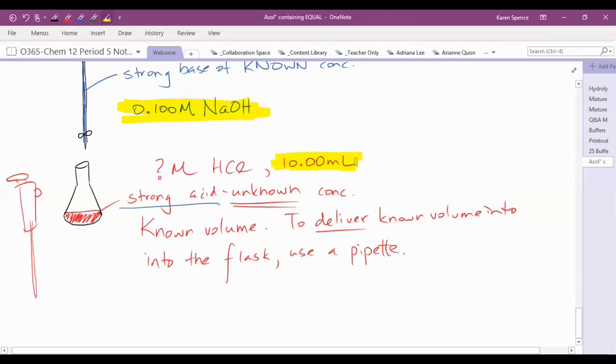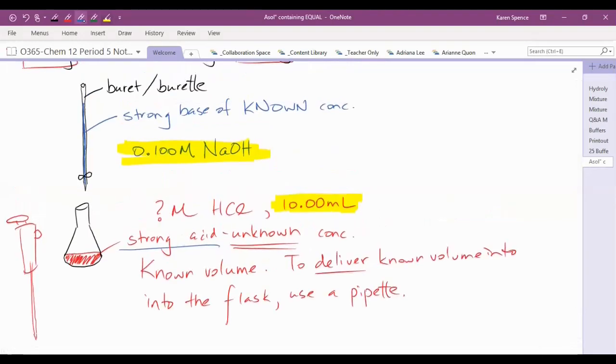If this were just a regular titration, we would drip the NaOH from our initial volume to our final volume, and we would calculate what our volume was.